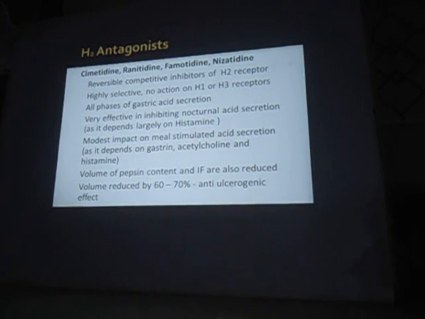Only one part of it is prevented, that is the nocturnal part we are concentrating on when we use this. It is relatively milder compared to proton pump inhibitors. We will study why it is milder. It has a modest impact on the meal-stimulated secretion. That's what we mean by using it at night time.